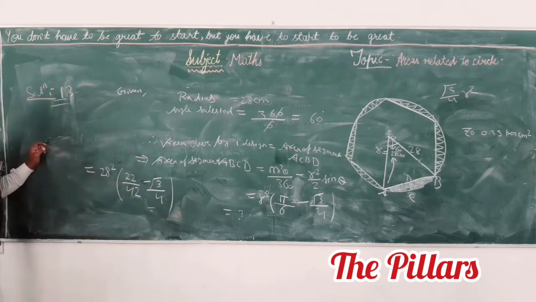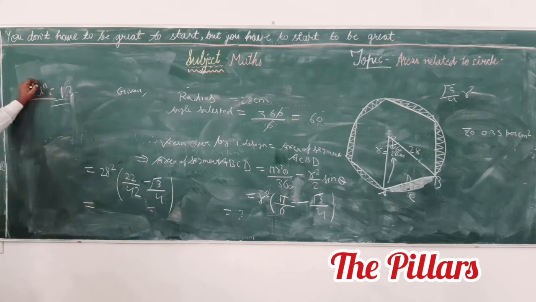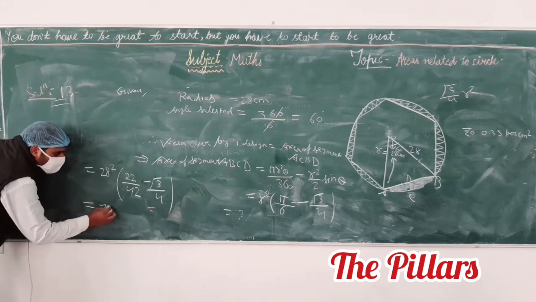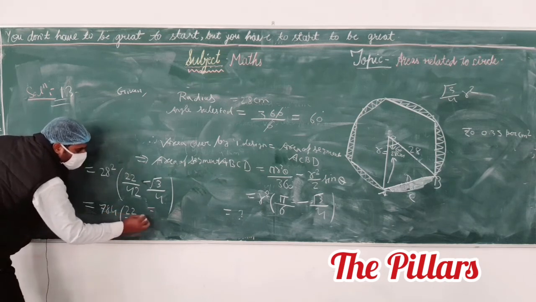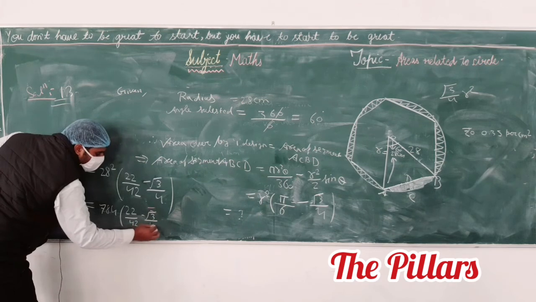Till here anyone have any problem? And 28 square equals what? 784. So 784 into 22 divided by 42 minus root 3 by 4.